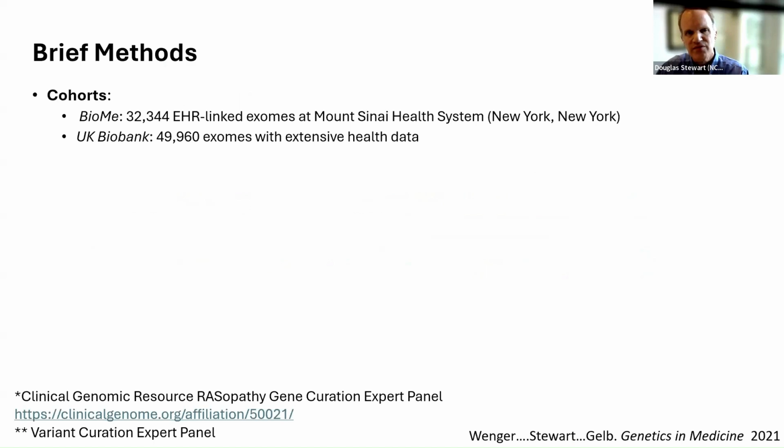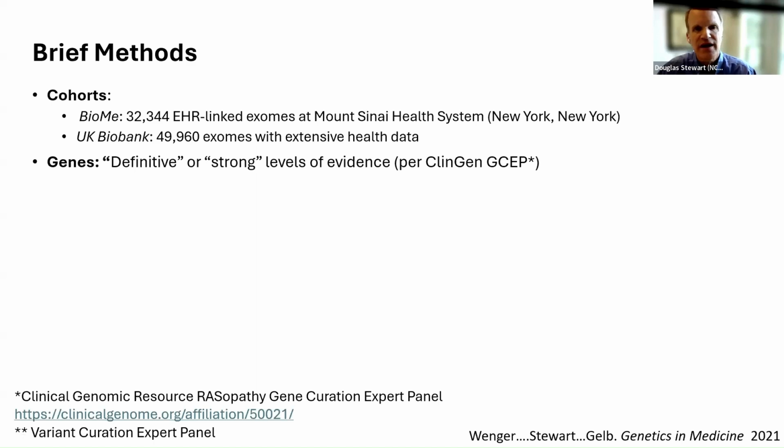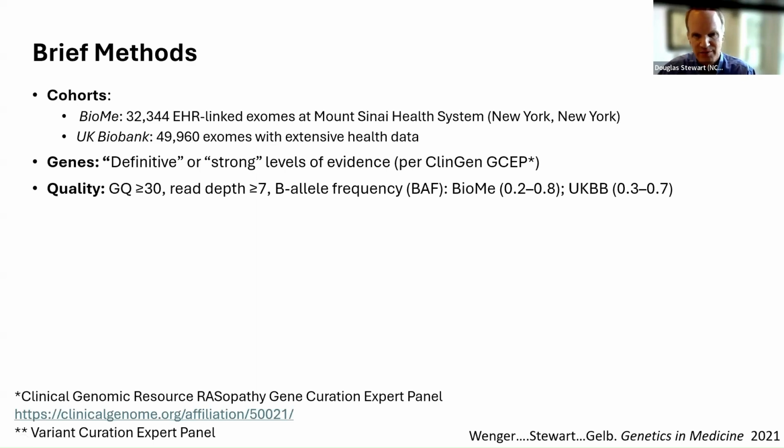And so at the time, we had 30,000 or so exomes in BioMe from Mount Sinai, and, I'll put air quotes here, just 50,000 exomes from UK Biobank at the time. And then we looked at genes that had definitive or strong levels of evidence as per the relevant ClinGen GSEPs for Marfan and for the RASopathies.